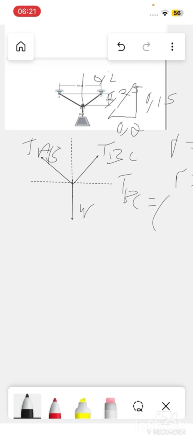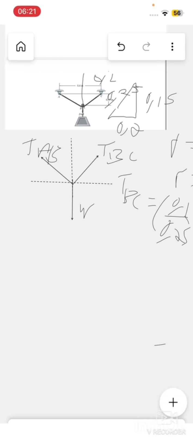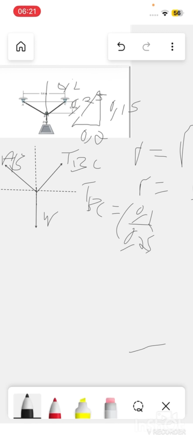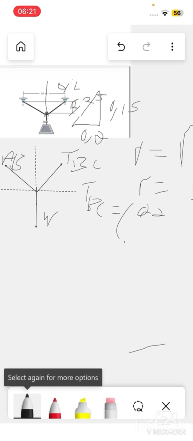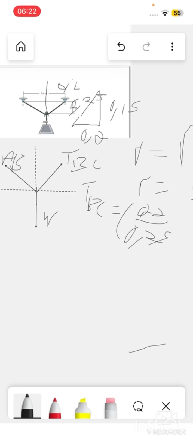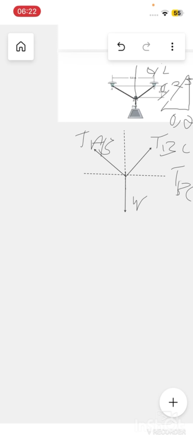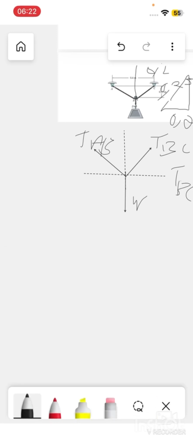0.2 over 0.25. Let me draw it nicely. Here we're going to have a force of T times 0.2 over 0.25.